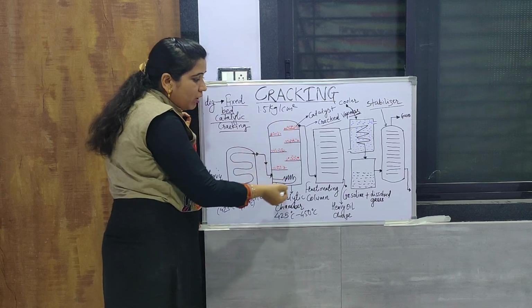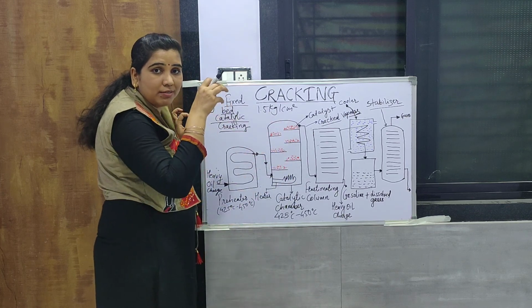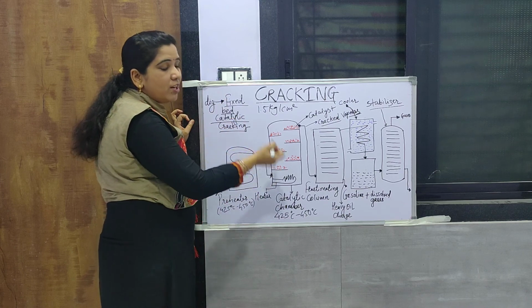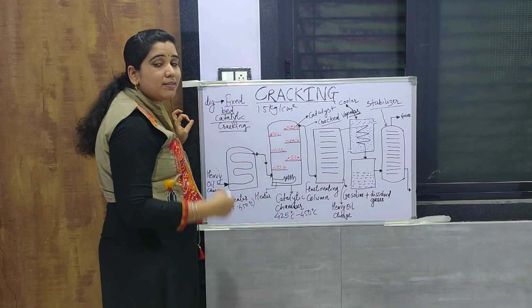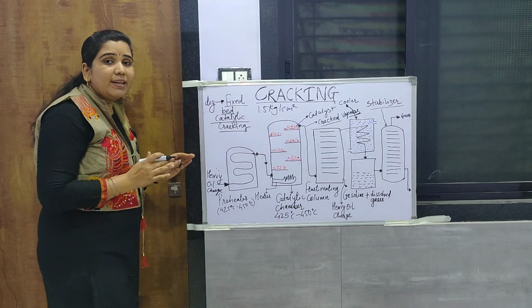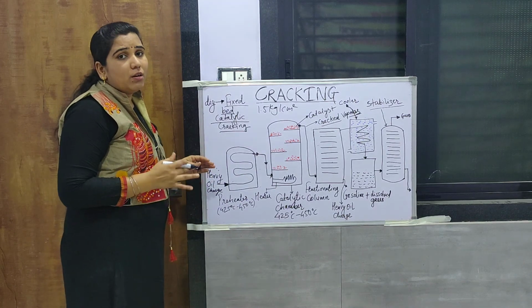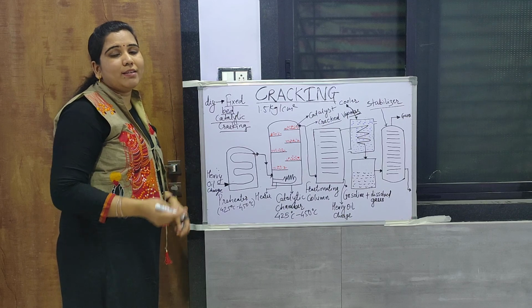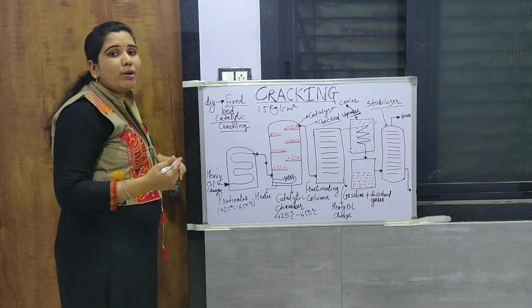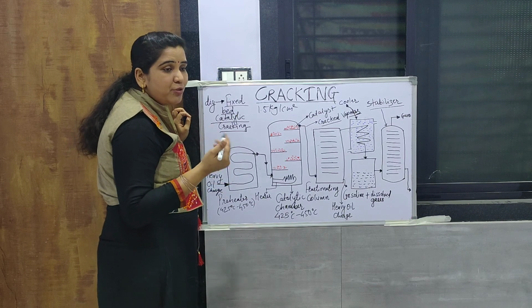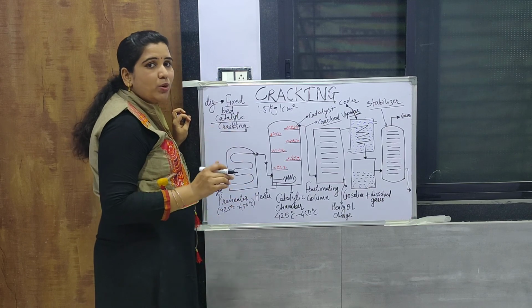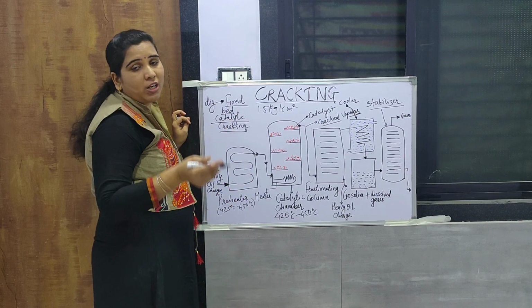In this heating or reacting chamber the reactions occur. All the decomposition reactions occur and there is a conversion of the higher molecular weight or heavy hydrocarbons into lighter hydrocarbons, or lower molecular weight hydrocarbons. Once produced, they may be in vapor state or liquid state.